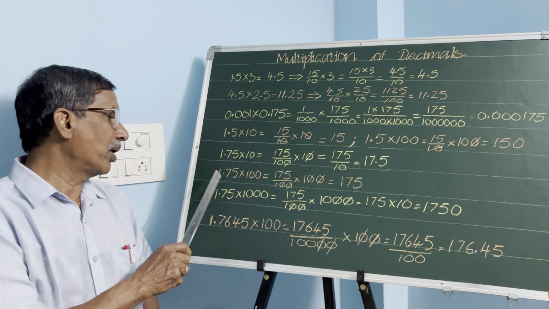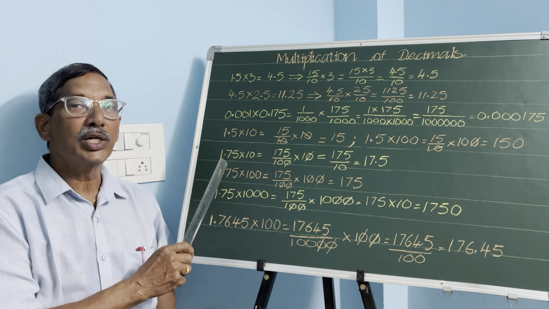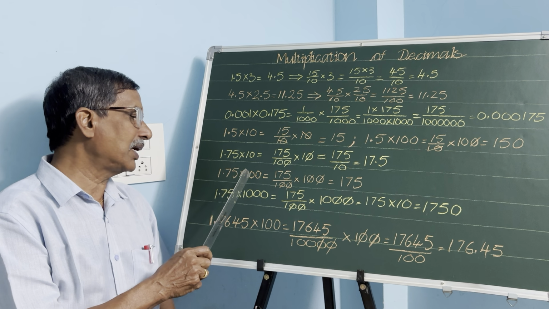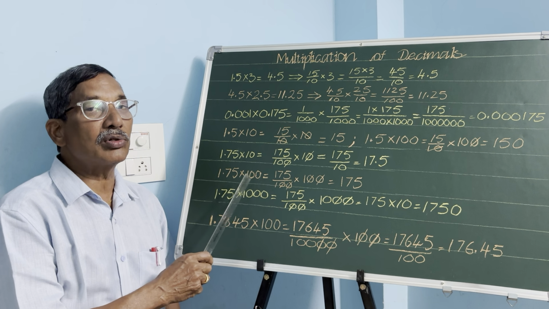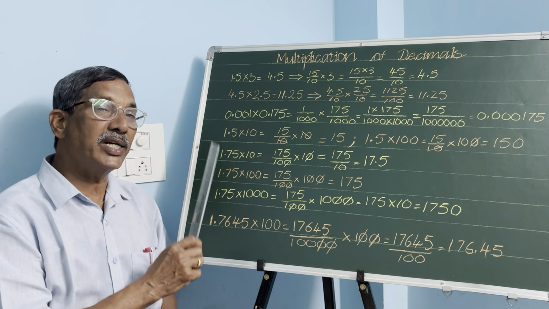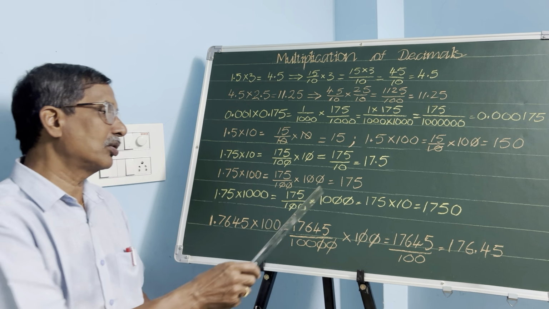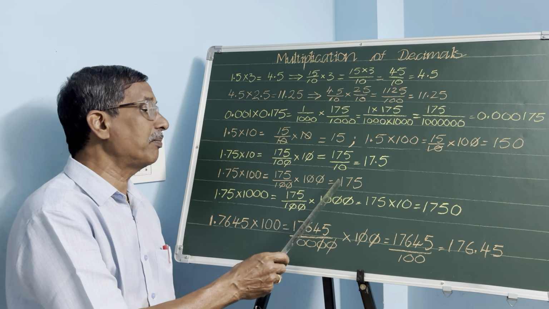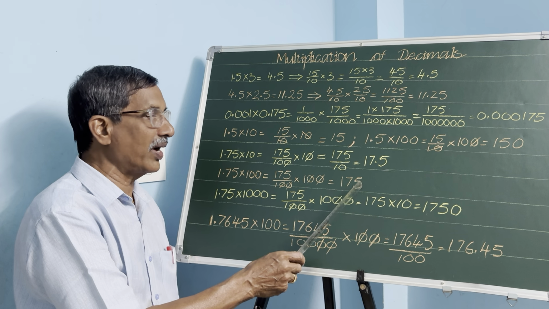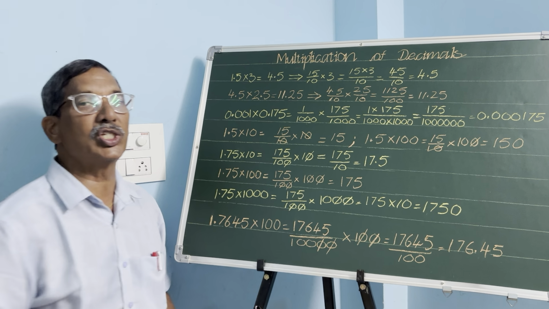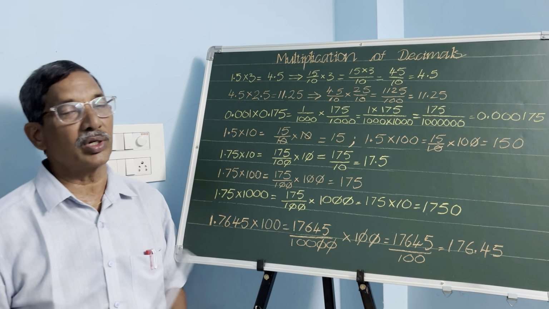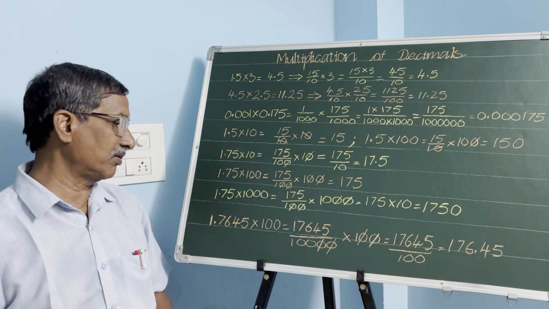See here, 1.75 has 2 decimal places and the multiplier has 2 zeros after 1. So the point should move 2 places towards the right side. So 175.0 can also be written as 175, the same as 175.